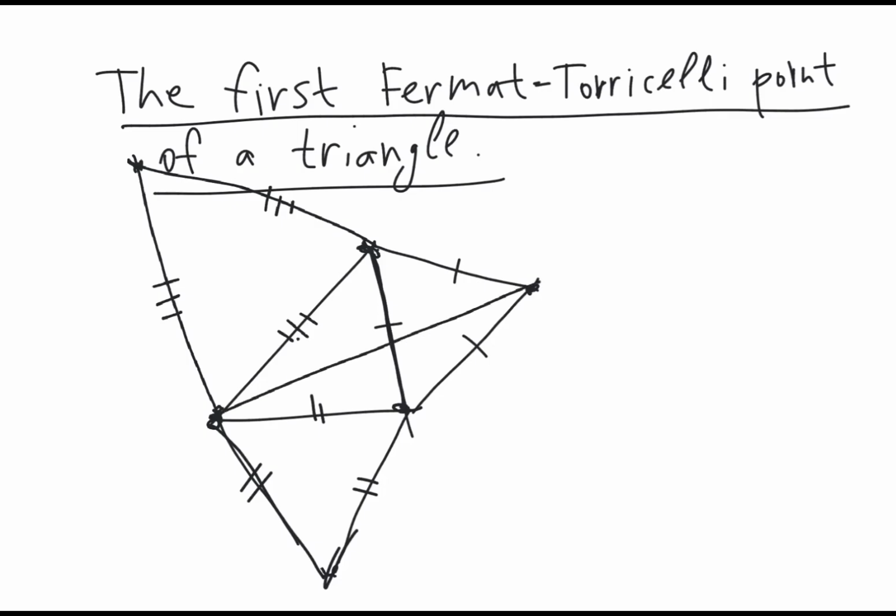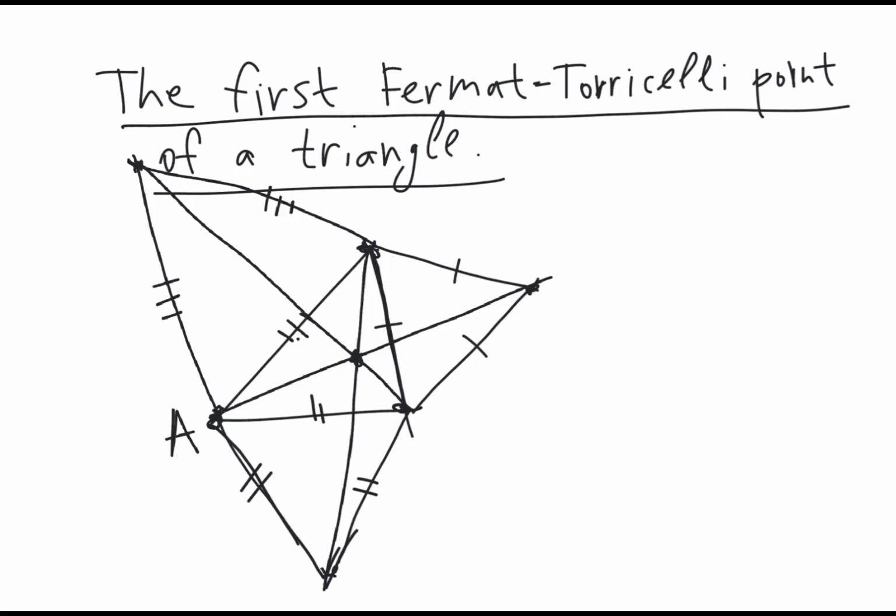So this line, and this line. And there is a theorem that says that these 3 lines intersect at a single point, and this point is called the first Fermat-Torricelli point of this triangle.